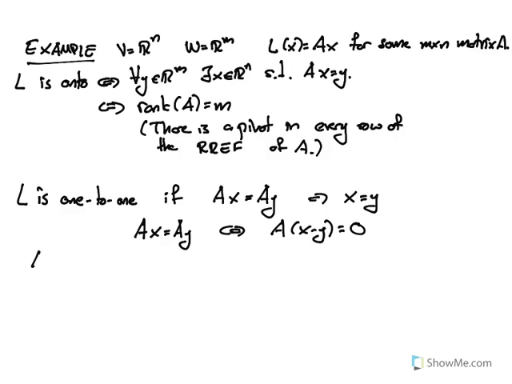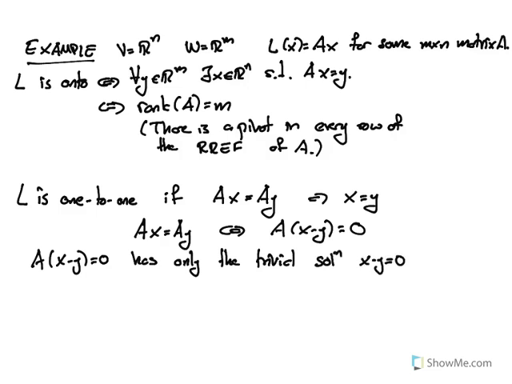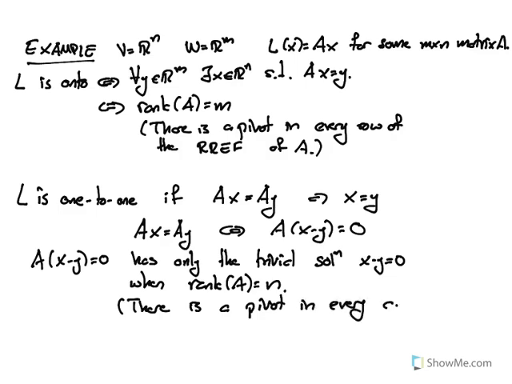So A(x minus y) equal to 0 has only the trivial solution when rank of A is equal to n. In other words, there is a pivot in every column of the RREF of A.